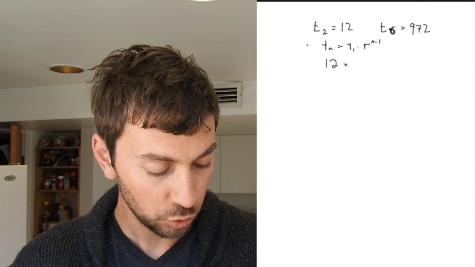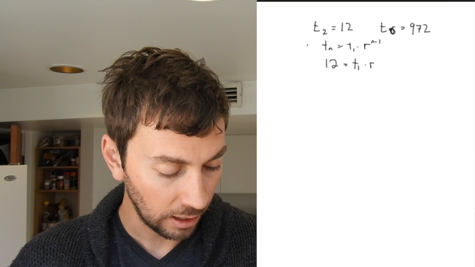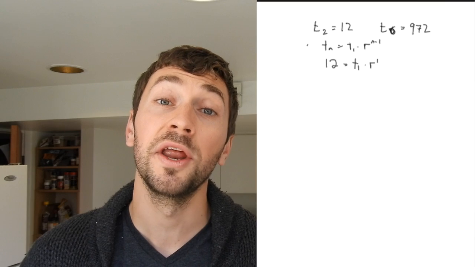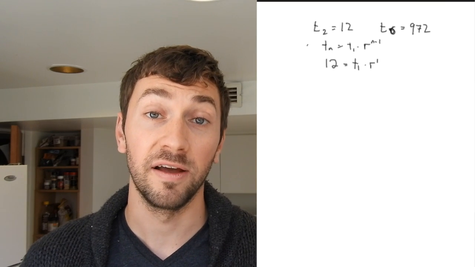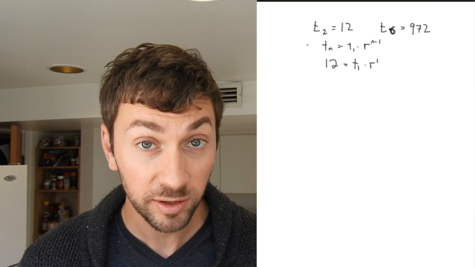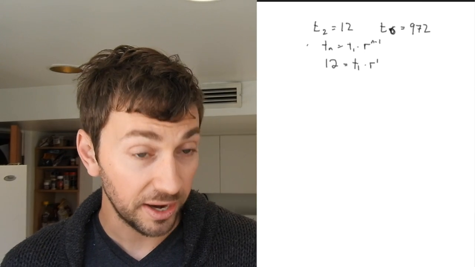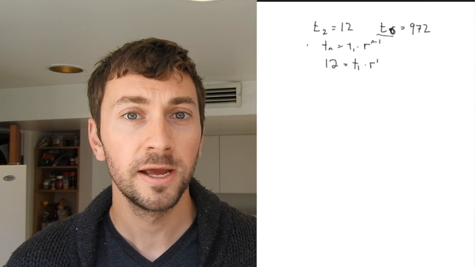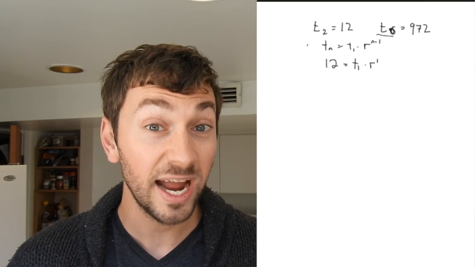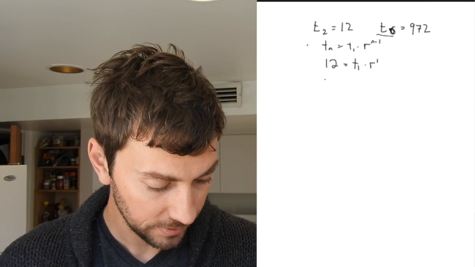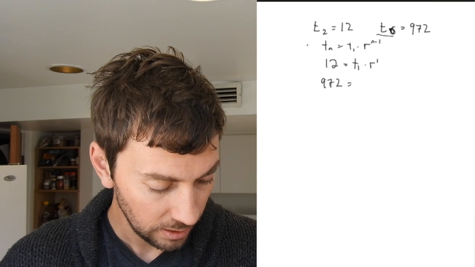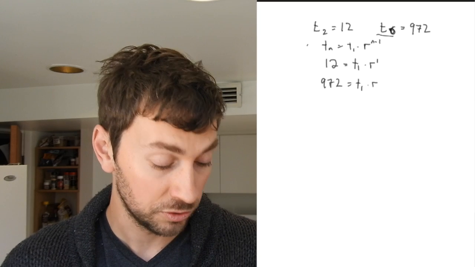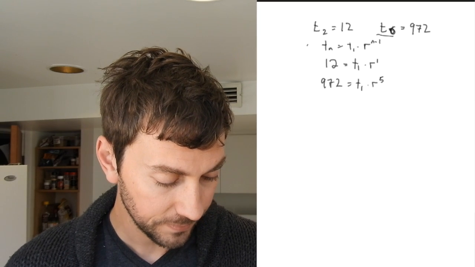So I'm going to write 12 is T1 times R to the power of 1. T1 and R are still variables that I haven't calculated. But I have some equation, and I'm going to use the second one and do a similar thing. So T6, so 972 goes on the left side. 972 equals T1 times R to the n minus 1, so R to the 5.